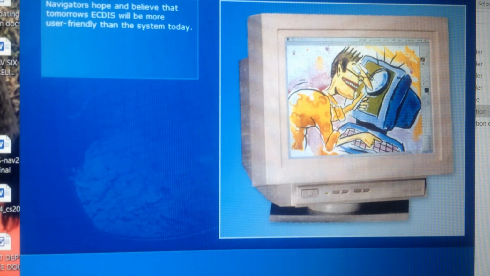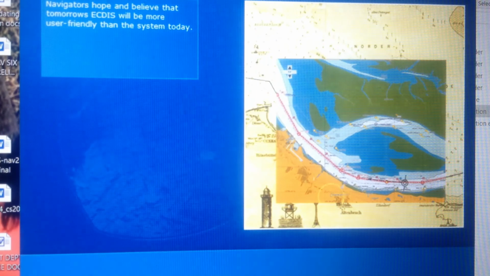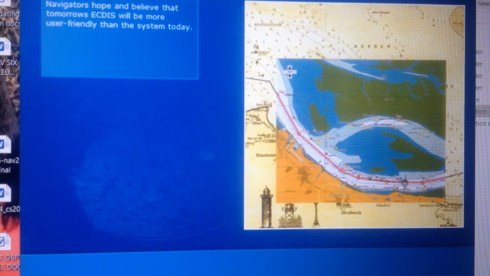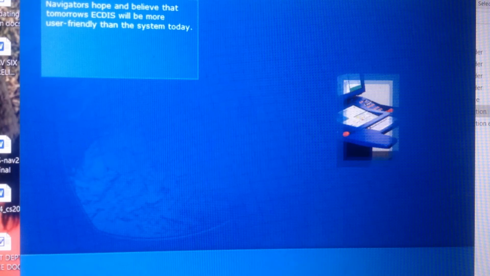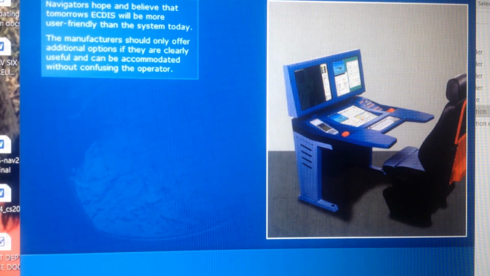Navigators hope and believe that tomorrow's ECDIS will be more user-friendly than the system today. A clear distinction between the need-to-have and the rather nice-to-have functions and features must be maintained. The manufacturers should only offer additional options if they are clearly useful and can be accommodated without confusing the operator.